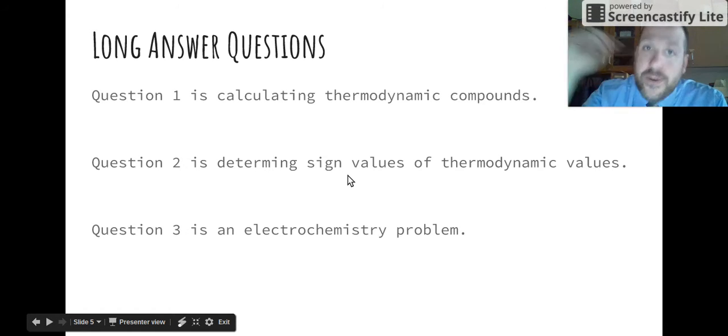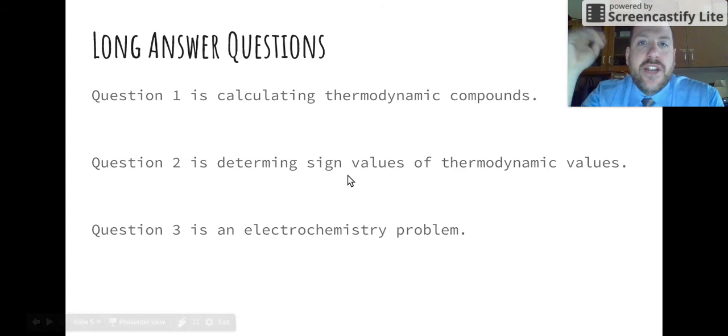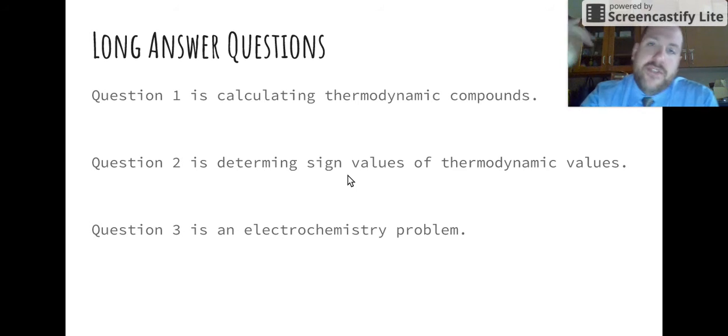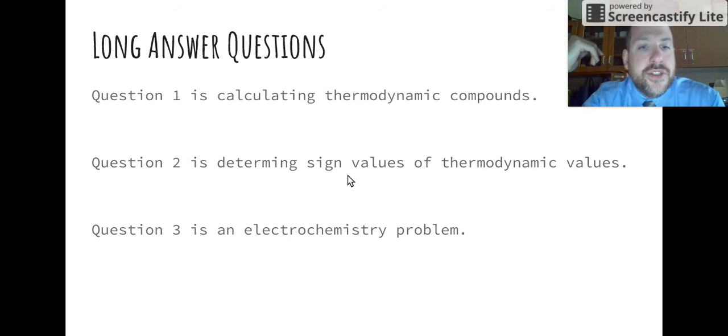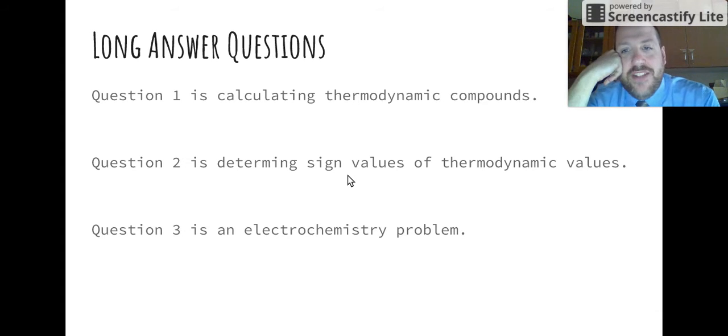So there's going to be a reaction, and you're going to have to say whether delta G is positive or negative, delta S is positive or negative, delta H is positive or negative. You're going to have to talk about maybe the equilibrium constant, maybe the cell potential, but that's going to be what that is. I apologize again for that weird typographical and grammatical error.